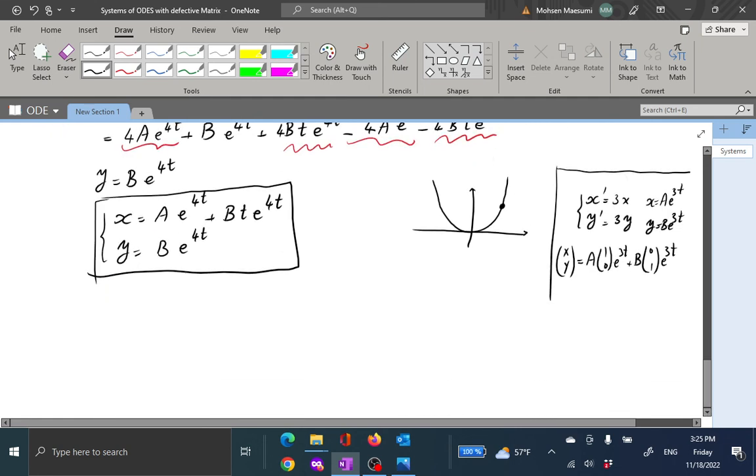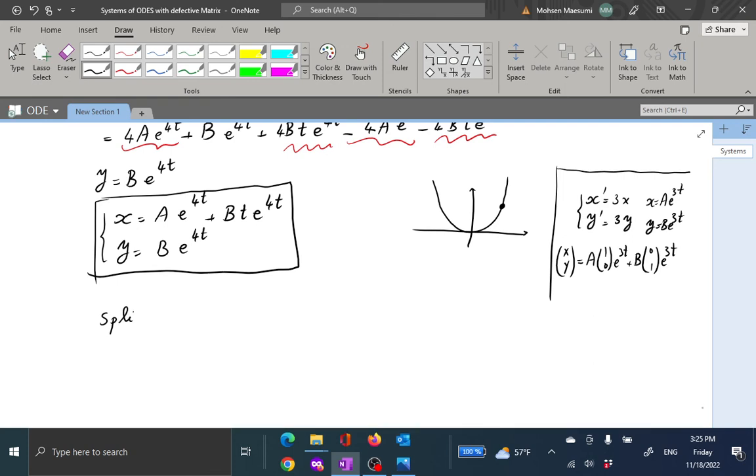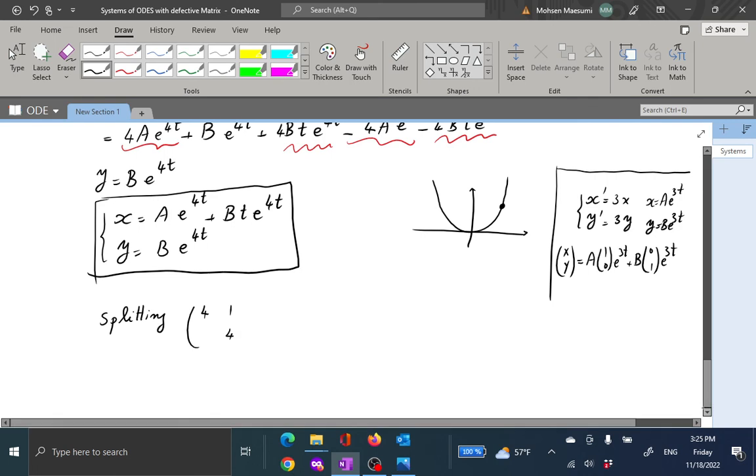Second method, the splitting method, I'm going to leave to you guys to do: take that matrix that we have.